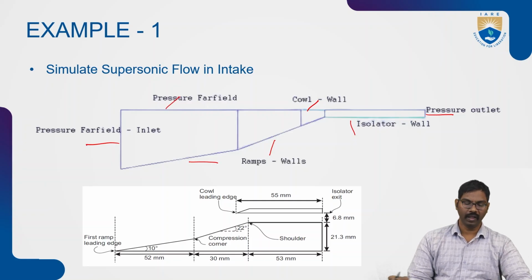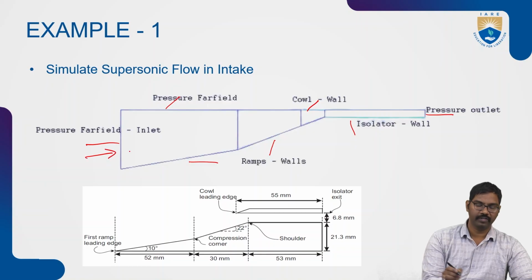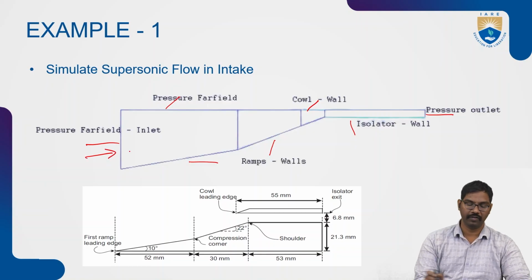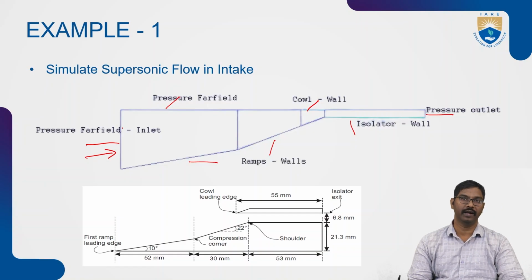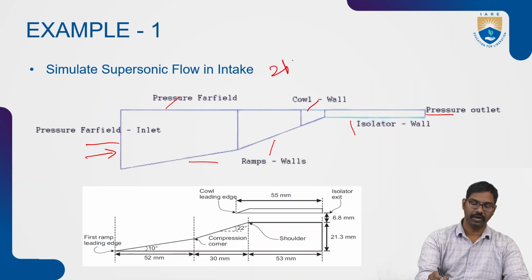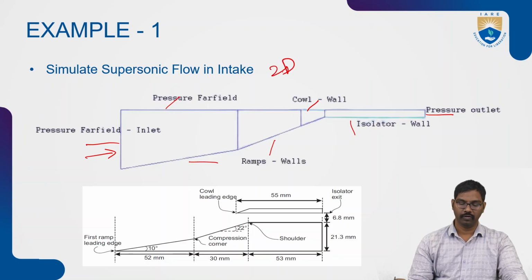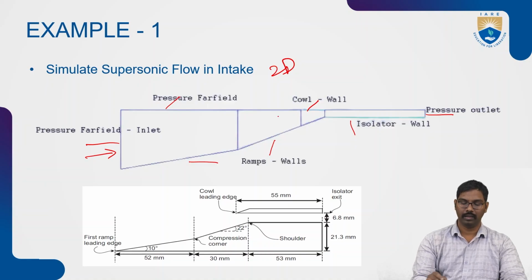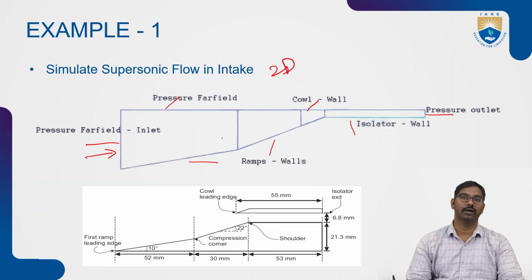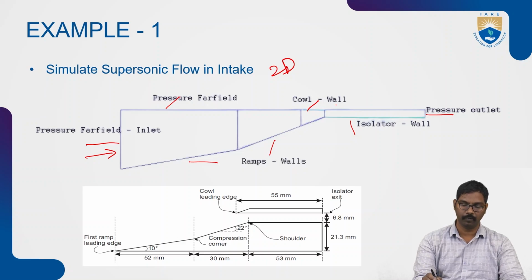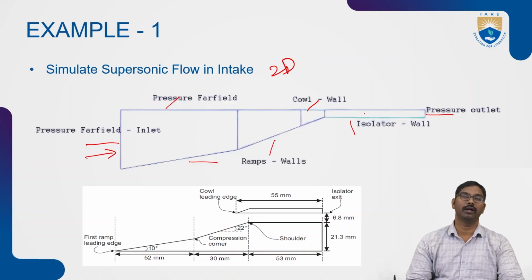As we know, the fluid is coming from this particular direction, so we have defined this face as an inlet, and we are doing only 2D analysis. We have given this line as outlet, and all other lines and curves, with respect to their functioning, we have defined as no slip walls. So all the solid geometry will be considered as no slip wall.